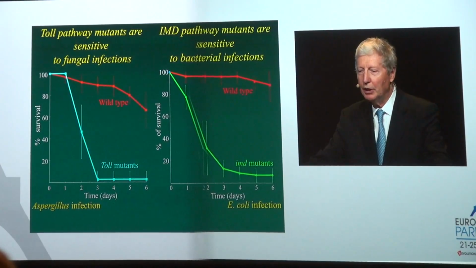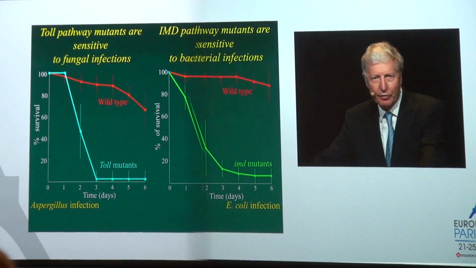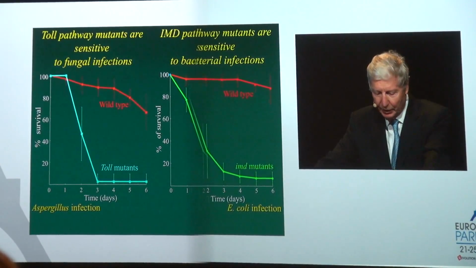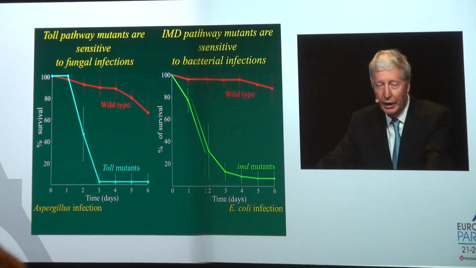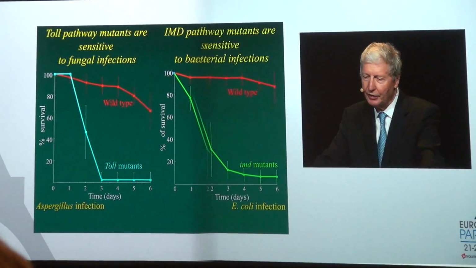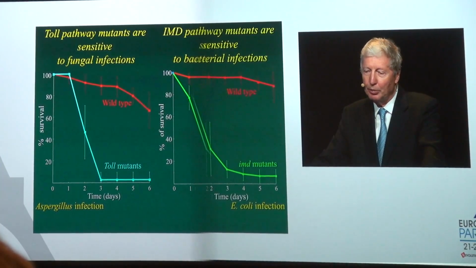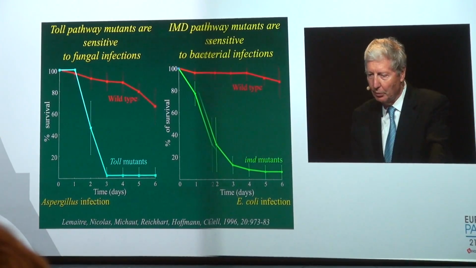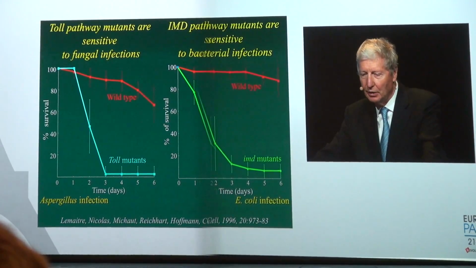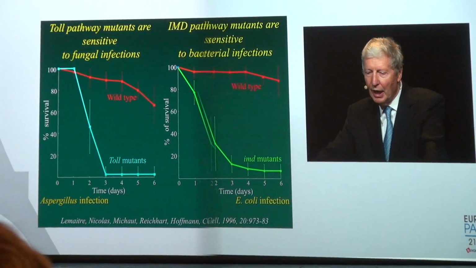Conversely, IMD pathway mutants, remember, which affect the transcription of the antibacterial peptide genes, those mutants, when infected with E. coli, die away very quickly in opposition to the wild type, that's to say, the normal flies. And this was published in our paper with Lemaitre, Michaut, Reichhart, and Nicolas.